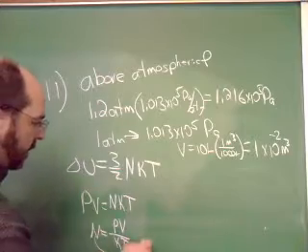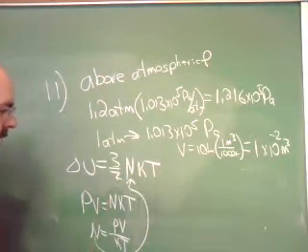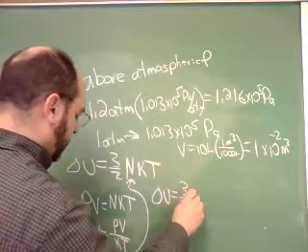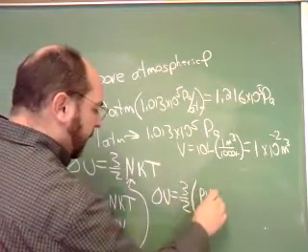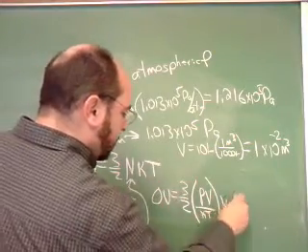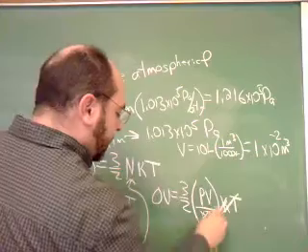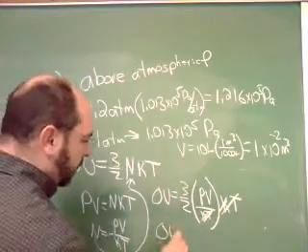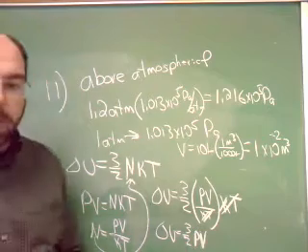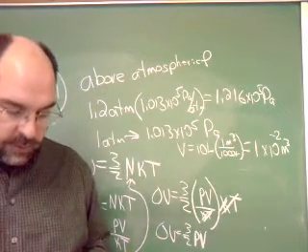Let's plug that in for N. Delta U equals 3/2 times PV over kT times kT. K cancels, T cancels. Delta U equals 3/2 PV. That'll be our internal energy.